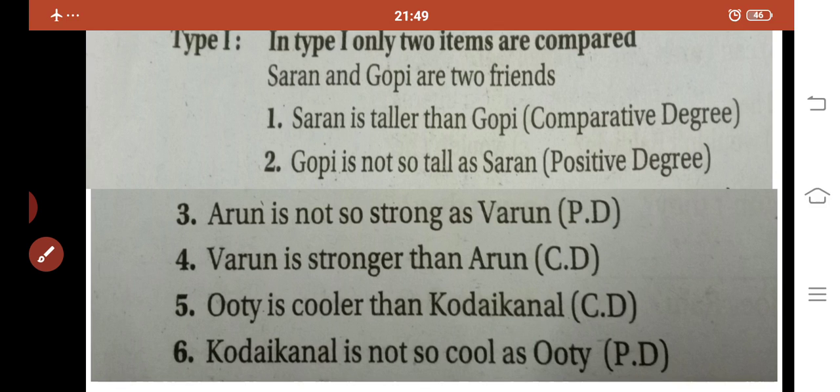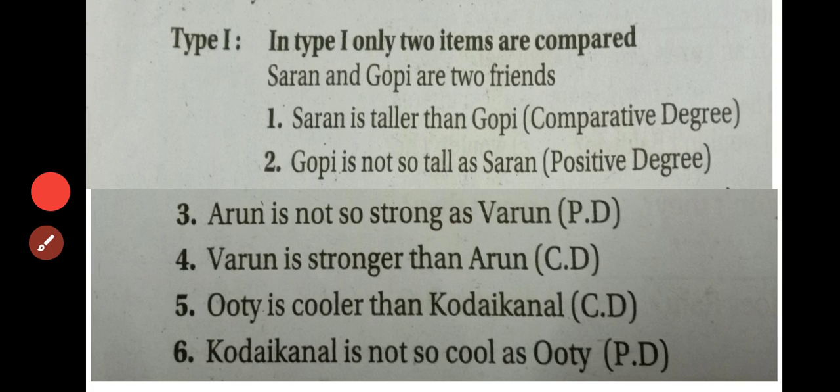Let us see. In type 1, we have only two items being compared. The first one: Saran and Gopi are two friends. Here we are comparing the two persons alone, so we need not make a superlative degree. There is no superlative degree in this type.